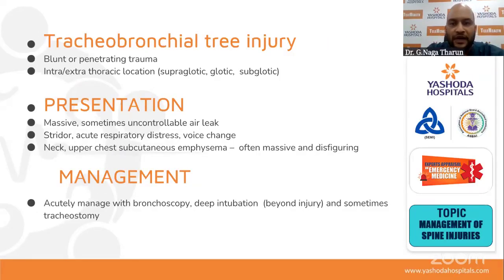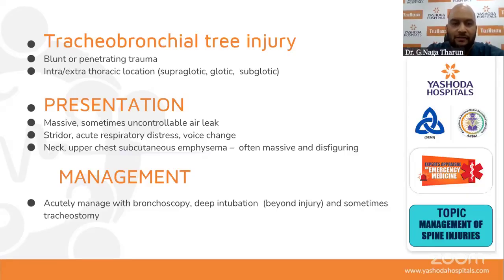Tracheobronchial tree injuries can be divided into blunt or penetrating trauma, with intra- or extrathoracic locations, like supraglottic, glottic, and subglottic injuries. Patients present with sometimes massive, uncontrollable air leak, stridor, acute respiratory distress, voice change, and neck and upper chest subcutaneous emphysema, often massive and disfiguring.